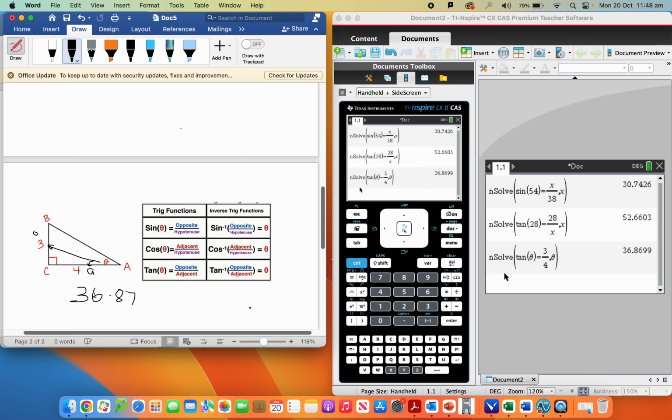Again, please play this video again if you need to and practice nsolve, because it'll save you a little bit of time and increase the chance of your calculations being correct. But you must know what it is you're trying to solve for, the unknown, and what it is that you know, and choose your trig ratios very, very carefully.